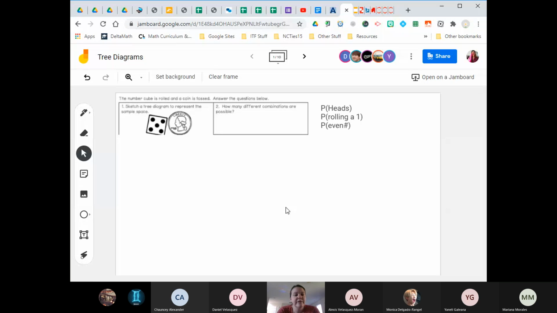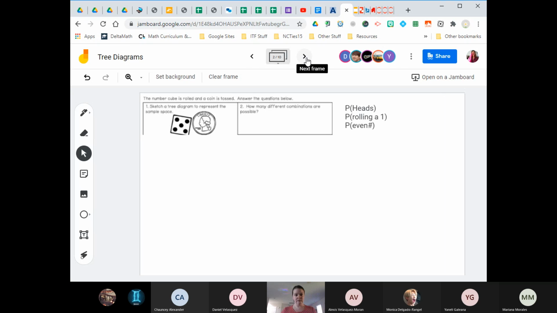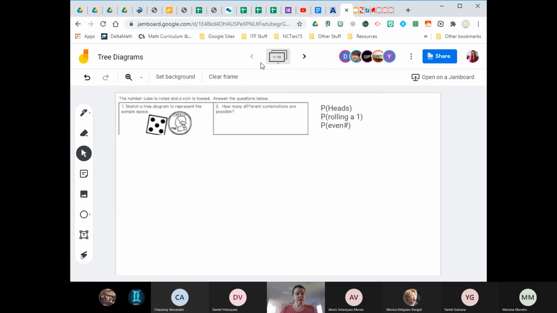All right. So yesterday we talked about how we can use tree diagrams to organize our possible outcomes from a compound event. And there are several pages of this, so we can all go to different pages.